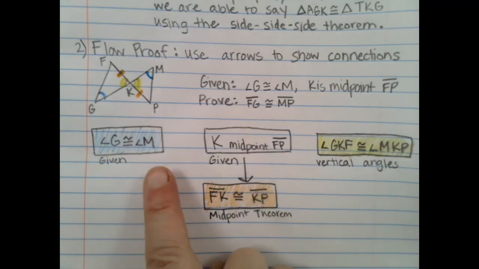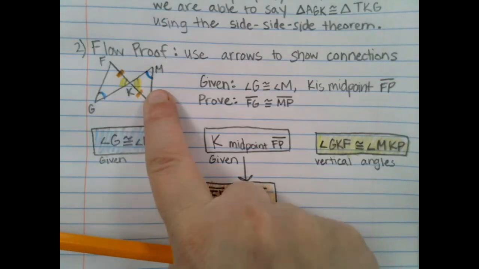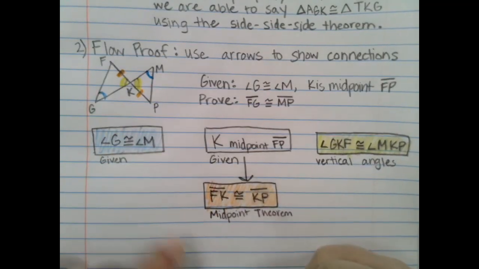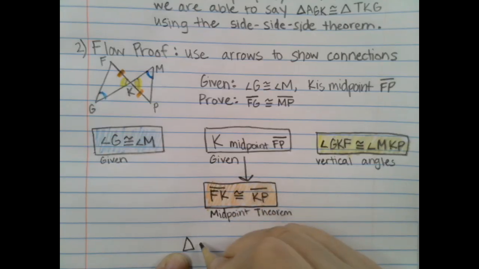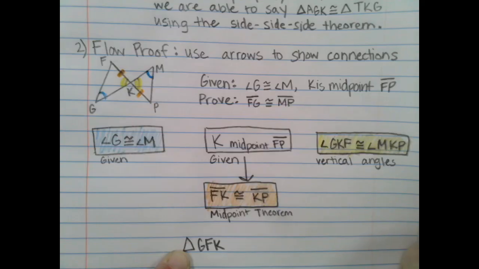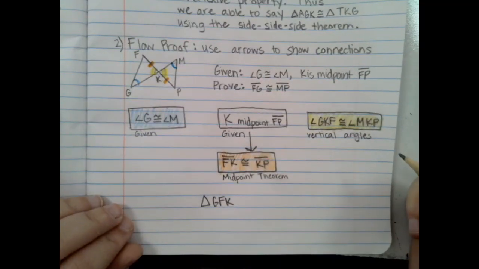All right, now that we have this information, can I say that this triangle is congruent to this triangle? Yep. So we said triangle GFK, sorry, you couldn't see what I was doing.